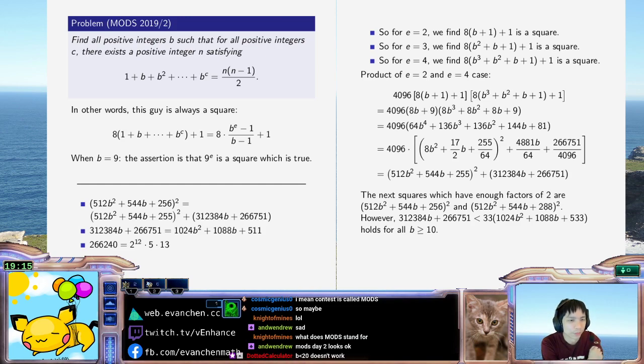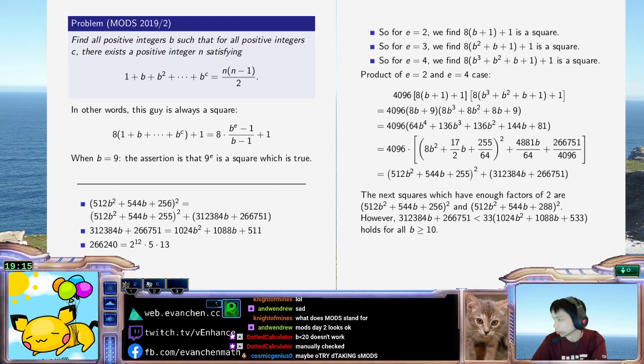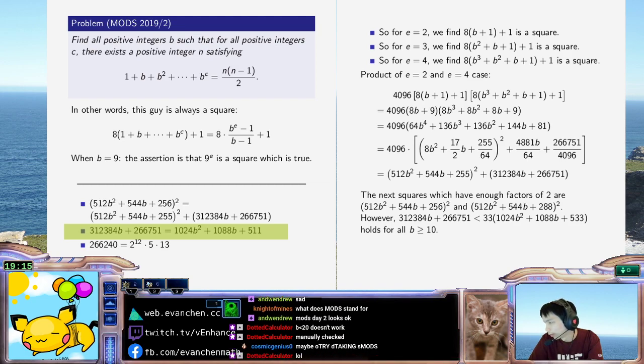Okay, so we have to check we can check b less than 20 doesn't work. I also need to check this giant quadratic has no integer solutions.